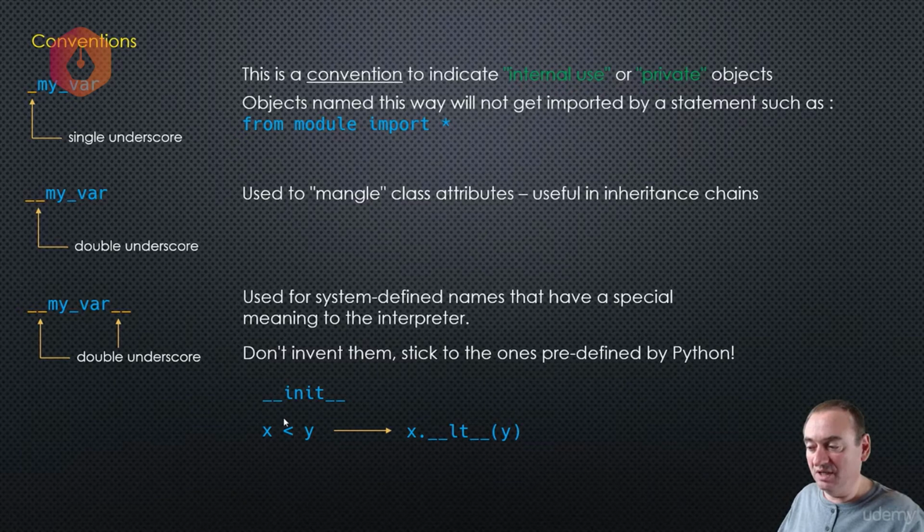So this operator here actually gets evaluated by using this expression over here. Again, Python will look specifically for this method name when it finds less than. So that's why these are system defined. Don't invent some. You never know what could happen in future versions of Python. Maybe whatever you decided to use gets used in the Python standard later, and then there's potentially going to be a conflict between the two.